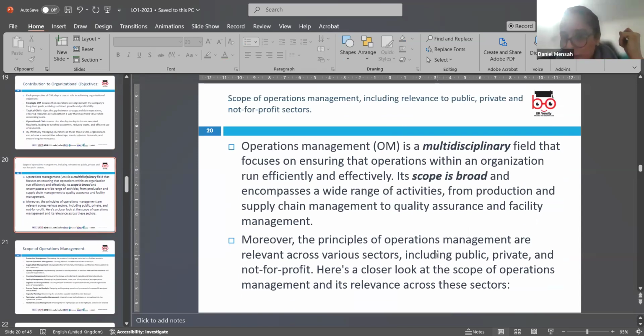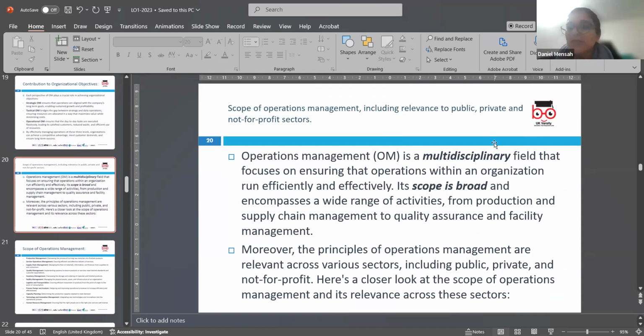If we talk about the scope of operation management, it is a very wide field. It is a multidisciplinary field, and its scope is very broad. Its activities range from production and supply chain management, total quality assurance, and facility management. Because when you are producing the product, you are not just working in one factory.